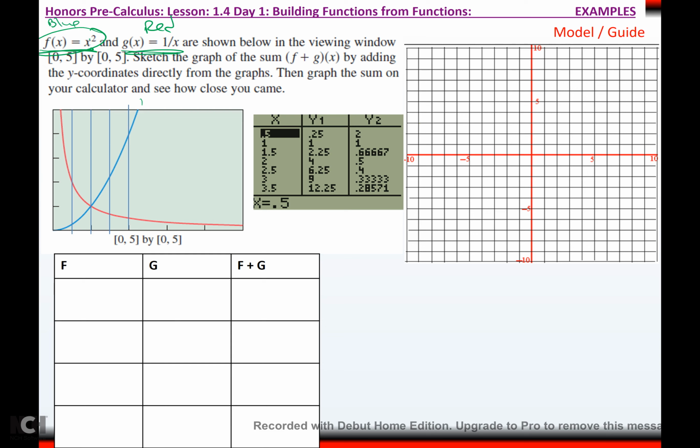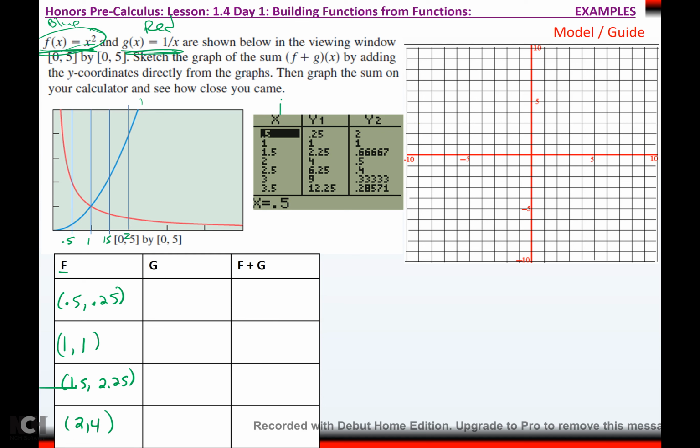So what I did was I went to y equals and I typed in x squared for y1 and 1 divided by x for y2, and then I just went to my table because I picked coordinates 0.5, 1, 1.5, and 2. So if I look at my first function, my f function, the squared function, if I pick 0.5, I get 0.25, 1, 1, 1.5, 2.25, and 2, 4.